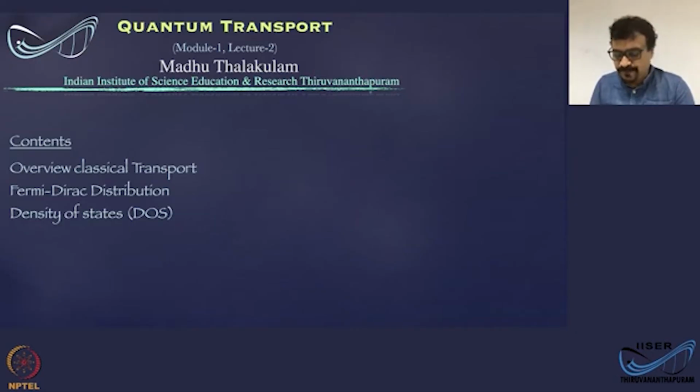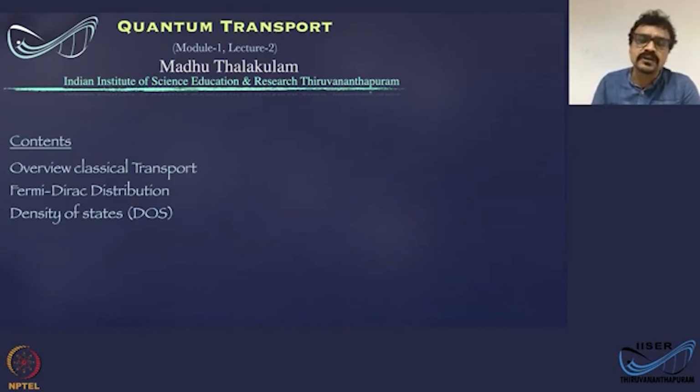And we also concluded saying that this quantum transport generally refers to the transport through low dimensional systems or mesoscopic systems, where the quantum confinement effect on the electrons is apparent.